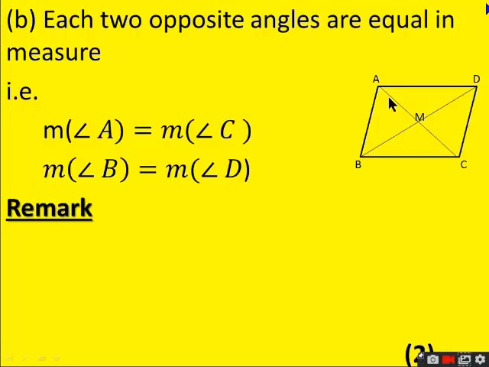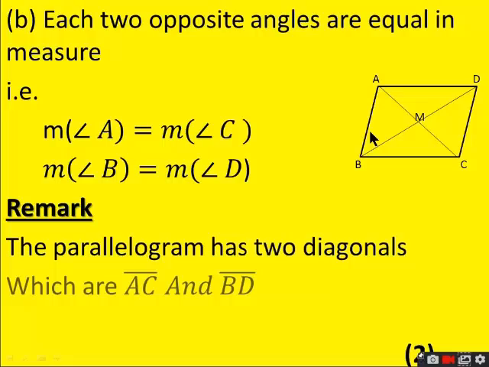Now I want you to remember with me the parallelogram ABCD has two diagonals, which are AC and BD. What is the relation between the two diagonals of the parallelogram?